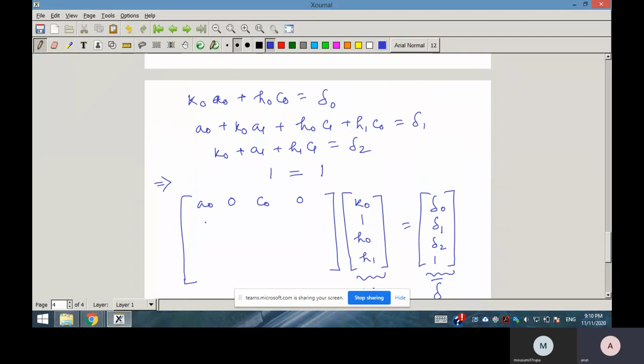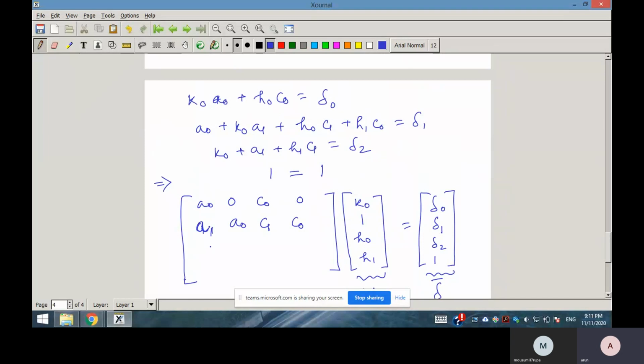From the second equation: a1 for the k naught coefficient, a naught, then c1 for the h naught coefficient and c naught for the h1 coefficient, equal to delta 1.